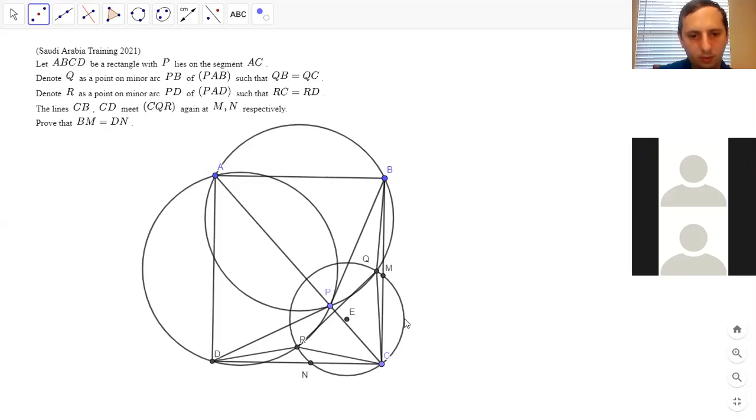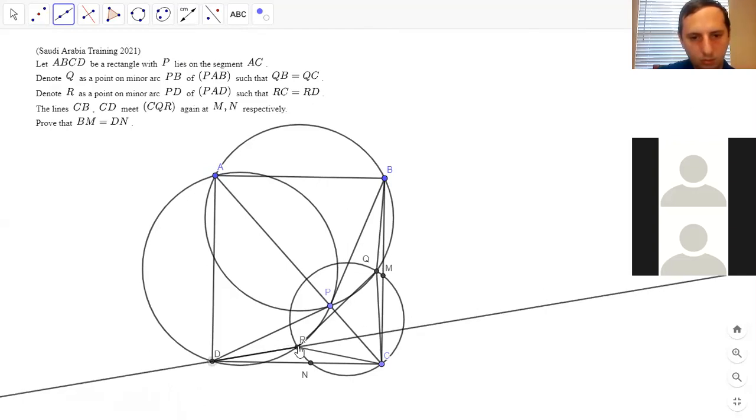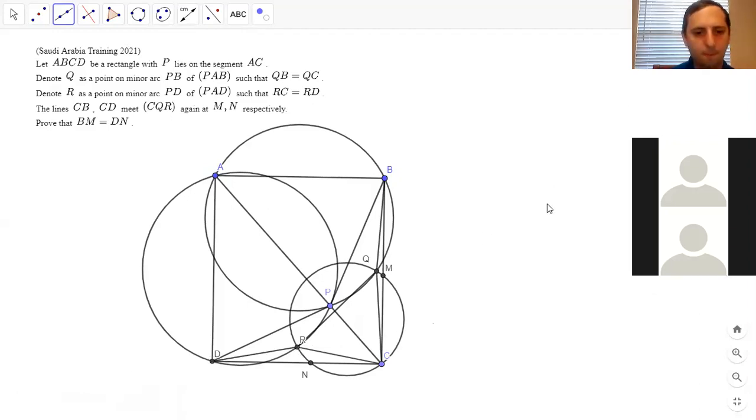It doesn't lie on the diagonal. Yeah, this problem's probably kind of hard because it was created by Buratino, although the configuration doesn't look that complicated.